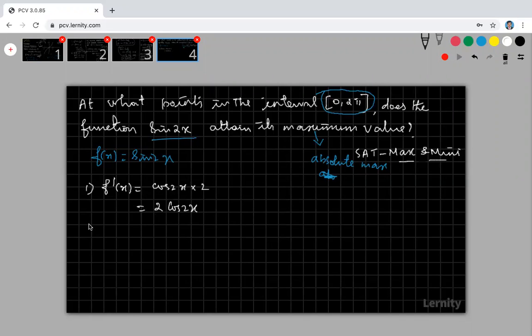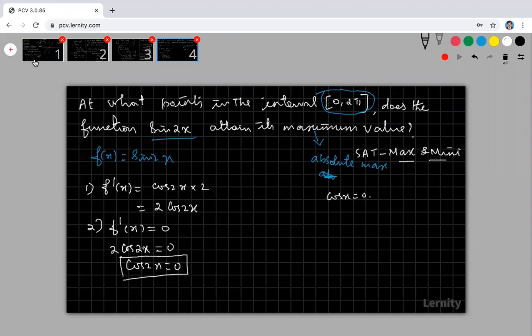This is not a polynomial function, so factorization is not possible; go directly to f dash of x equal to 0. Therefore 2 cos 2x is equal to 0, so cos 2x is equal to 0. This is also a trigonometric equation. Right? What about when cos x is equal to 0?